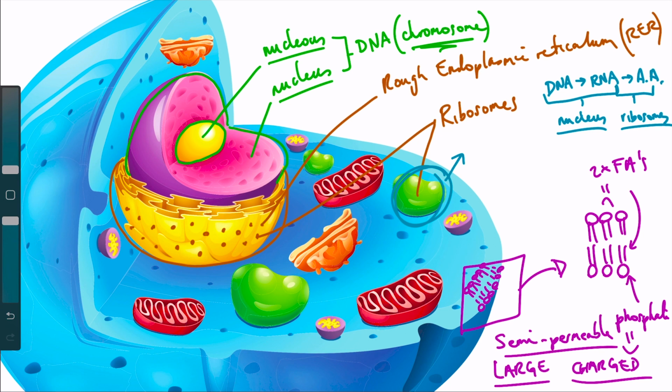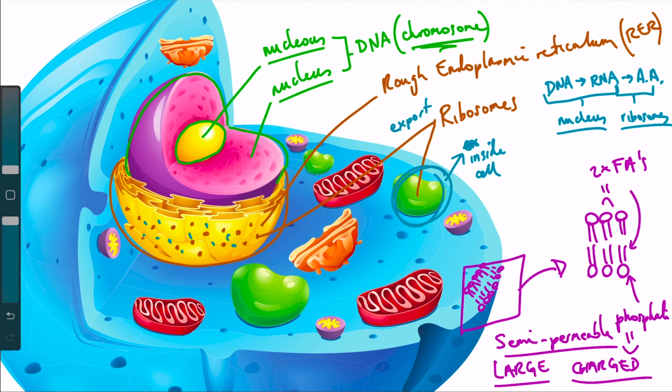So they translate this RNA to amino acids to remain inside the cell. Inside the cell, right? The ribosomes that are studding the rough ER, they turn RNA into amino acids that are destined for export out of the cell.